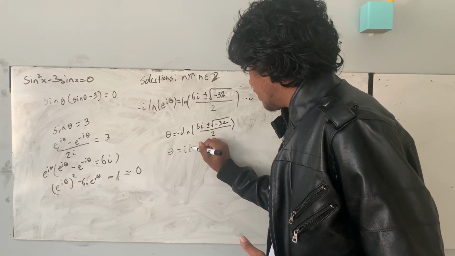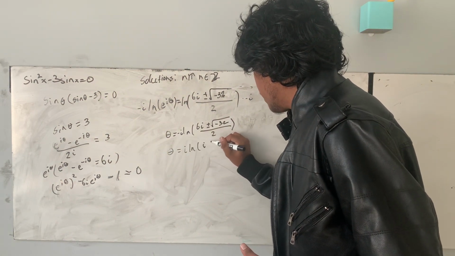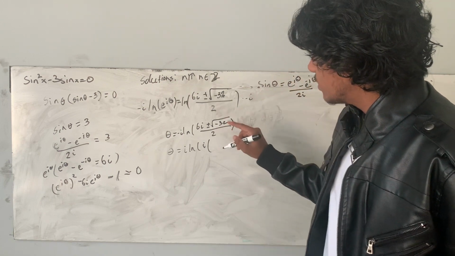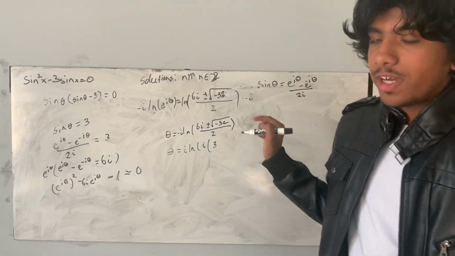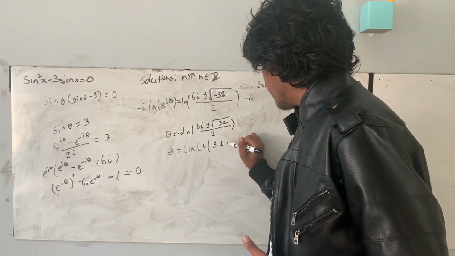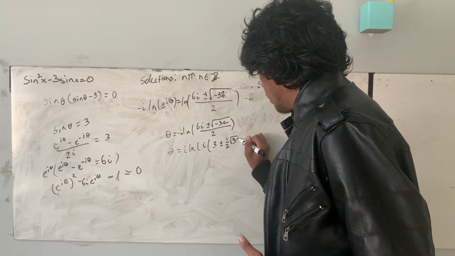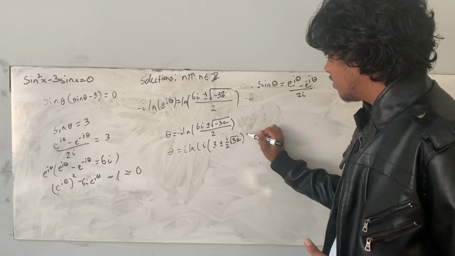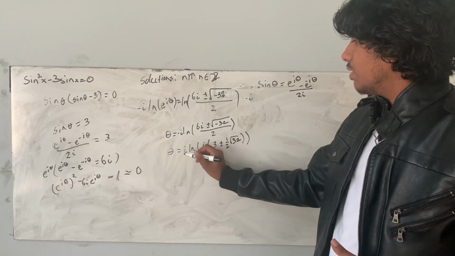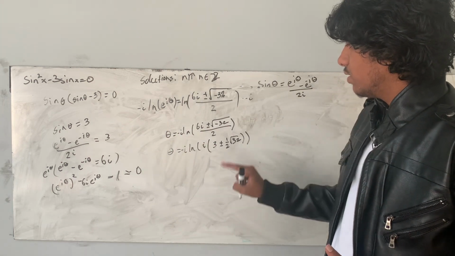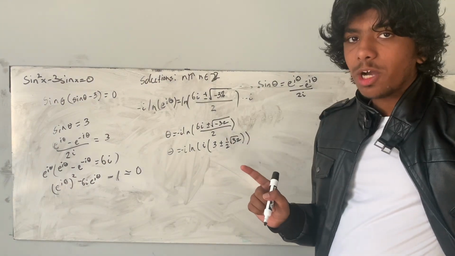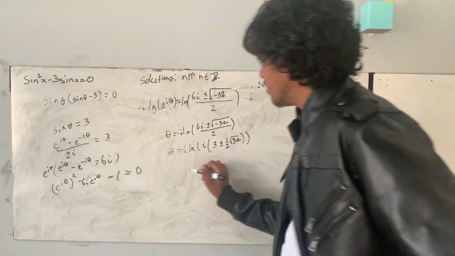So we're going to get ln of i times 3, because you're dividing by 2, right? Plus or minus 1/2 square root of 32, right? Negative i. So now we can use log properties to break them apart. So let's do that.